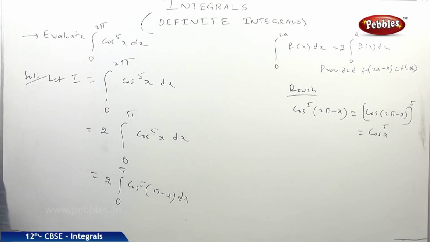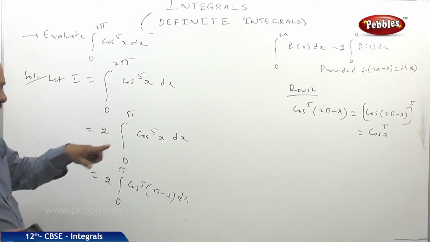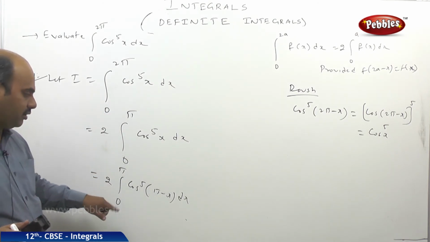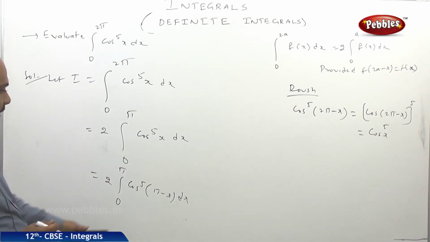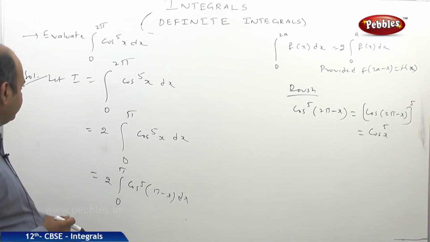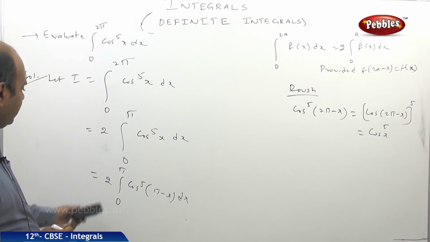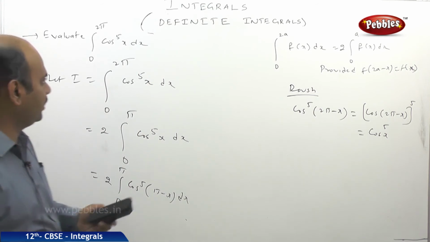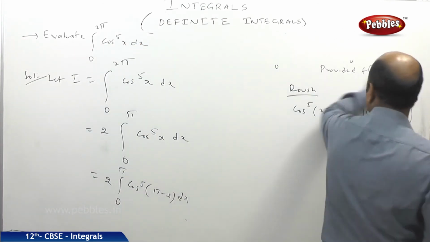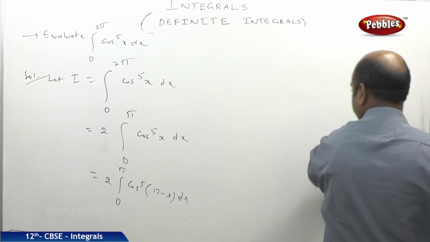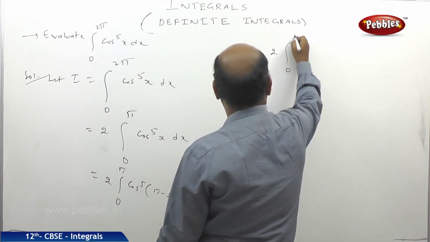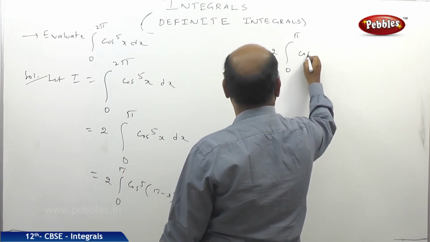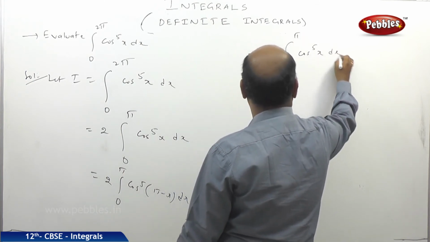What is the property applied? The integral from 0 to a of f of x dx is equal to the integral from 0 to a of f of (a minus x) dx. So here a minus will be coming. That turns this into minus 2I. So finally that is equal to minus 2 into the integral from 0 to pi of cos power 5x dx.